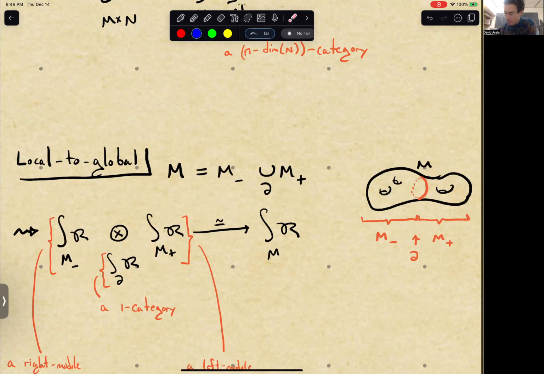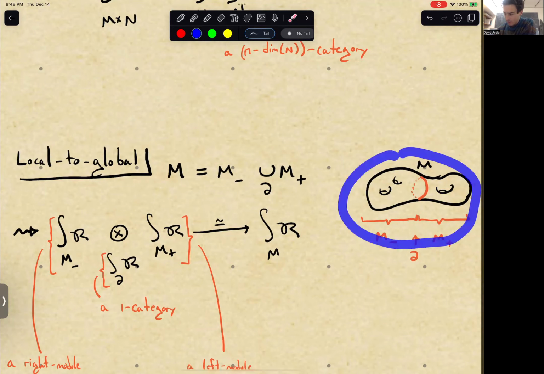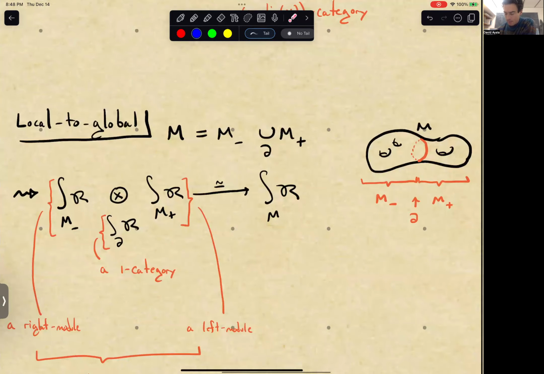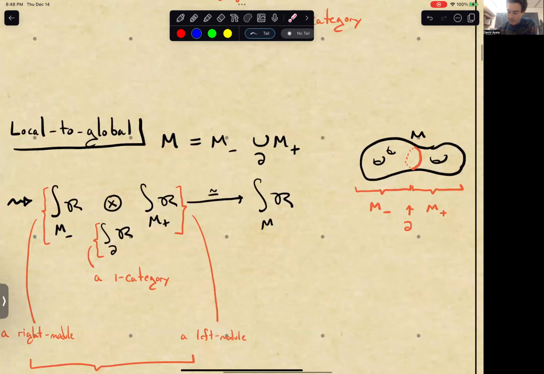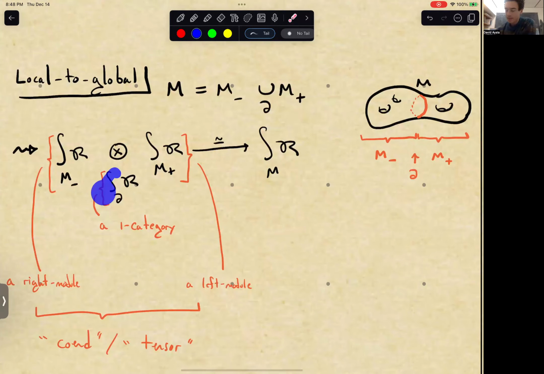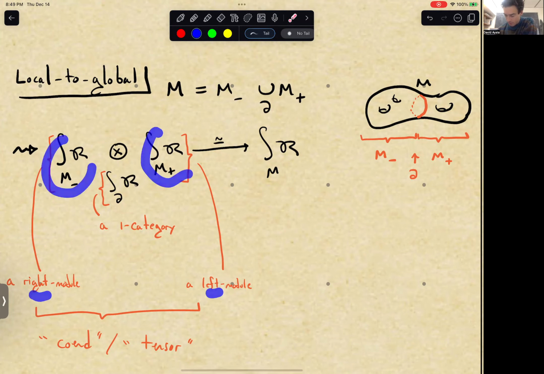So this is a way of computing the value on the whole manifold in terms of the pieces. And in order to make sense of this expression, I'll just say it's a coend indexed by this one category, because this common boundary here has codimension 1. And as so, this is a right module for it, and this is a left module for it.